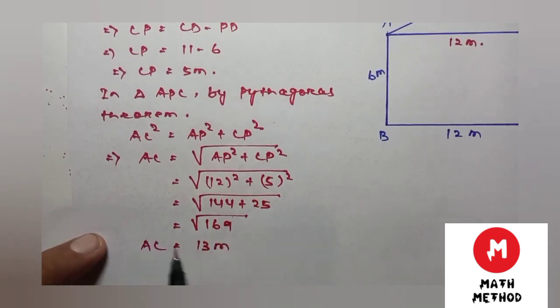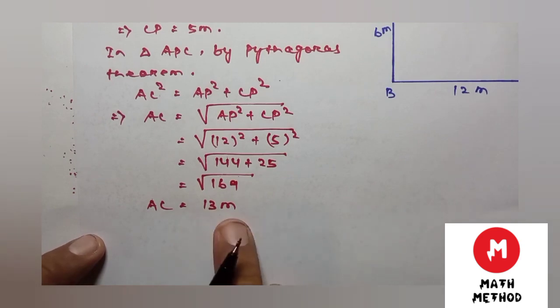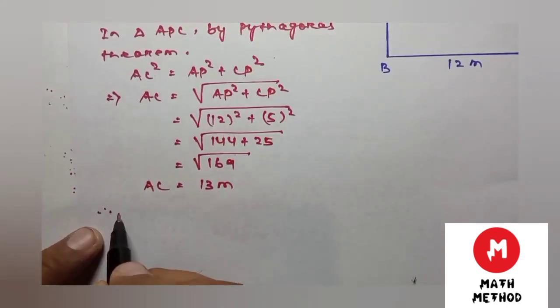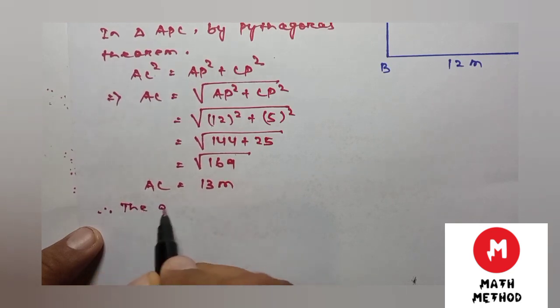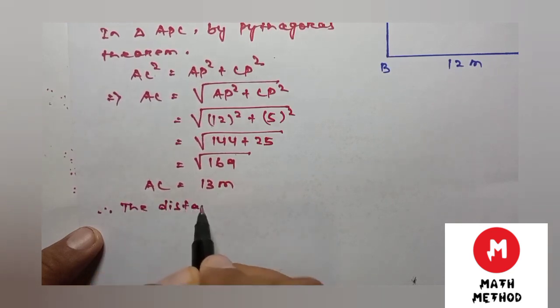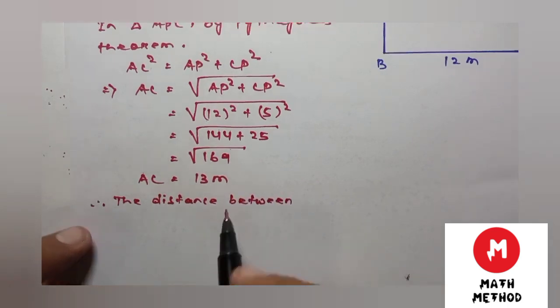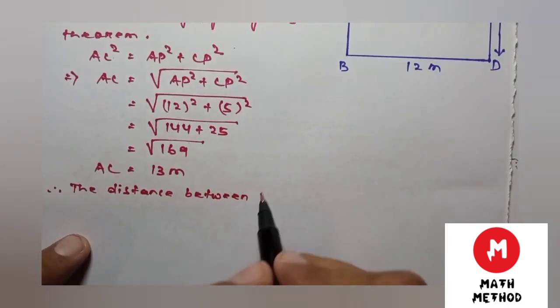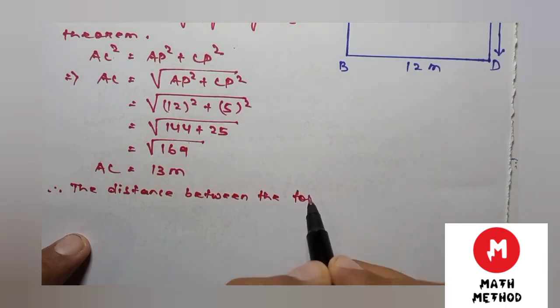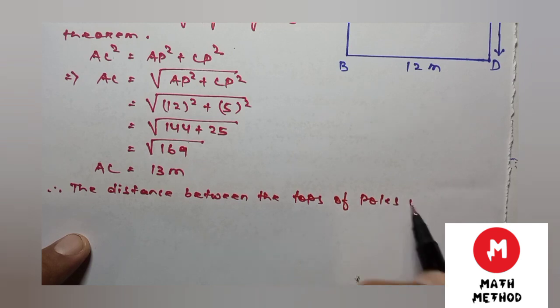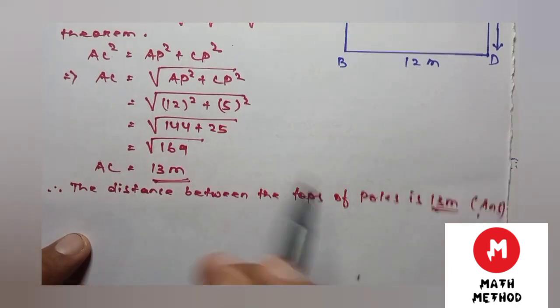We get that AC is equal to 13 meters. AC is the distance between the tops, so we will write: therefore the distance between the tops of the poles is 13 meters. This is our answer. Clear? This is my answer.